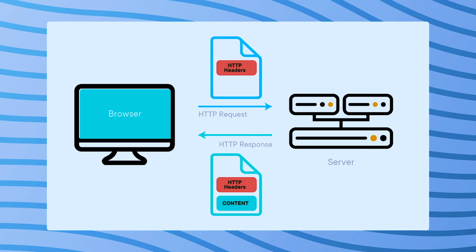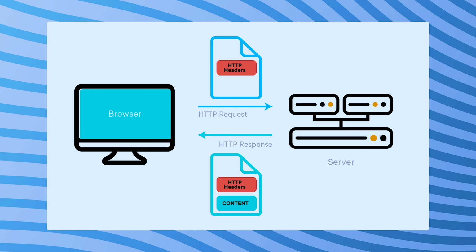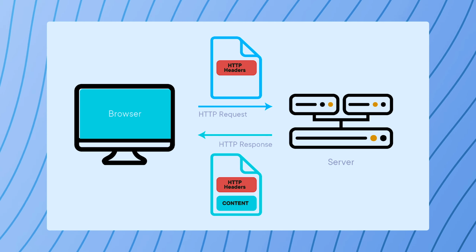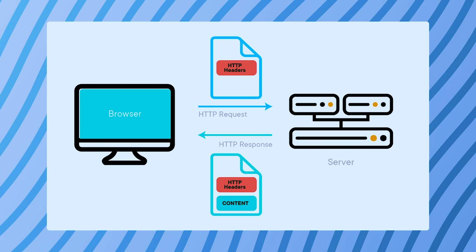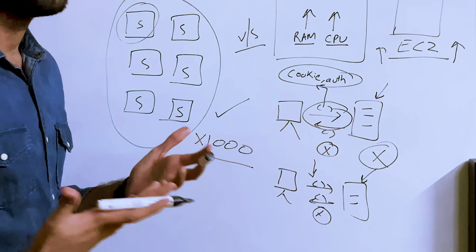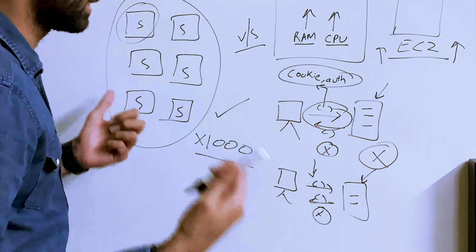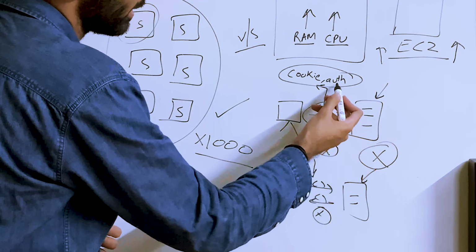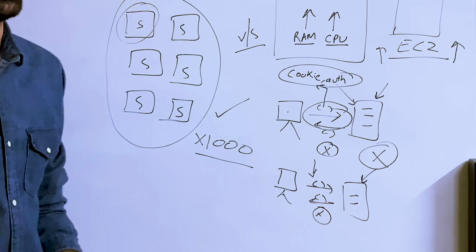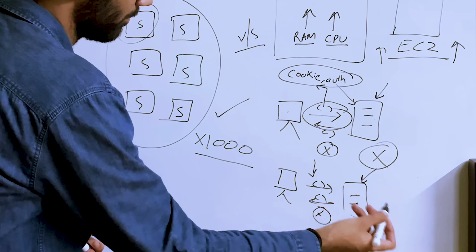Why? Because the information which your client sends, whether the cookie or auth token or whatever, is a complete state in itself. That means the protocol in itself can be stateless, right? The underlying mechanism which carries this information is stateless because your server can automatically parse the state from the client. It doesn't need to be that same server again, because this could be a completely different server.